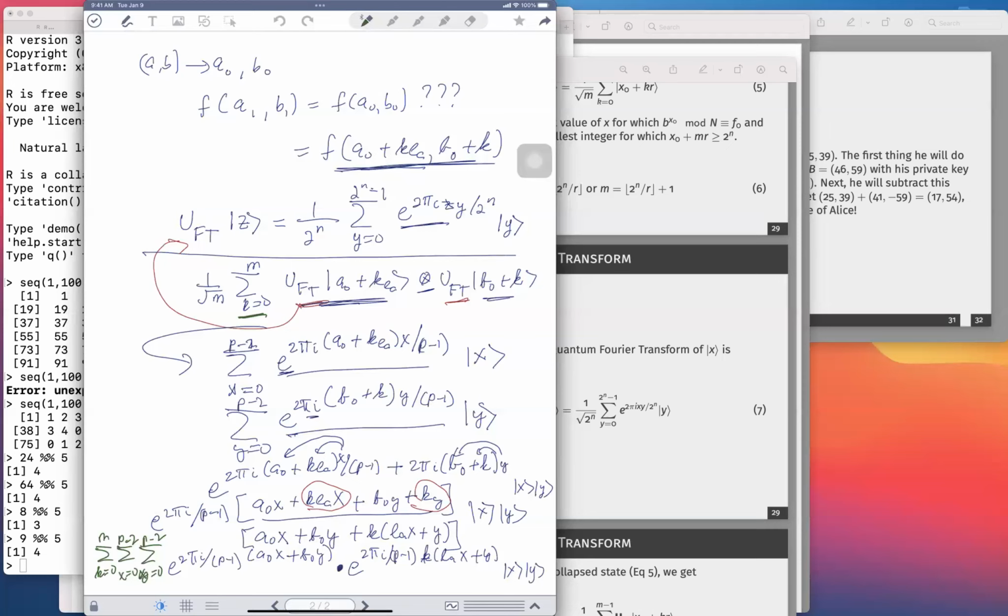Now, since this one is an addition, we can reverse the order of the summation. Which means that we can do the summation first over k, and then we can do the summation over x and y. Okay, so what will happen is that this one will happen.